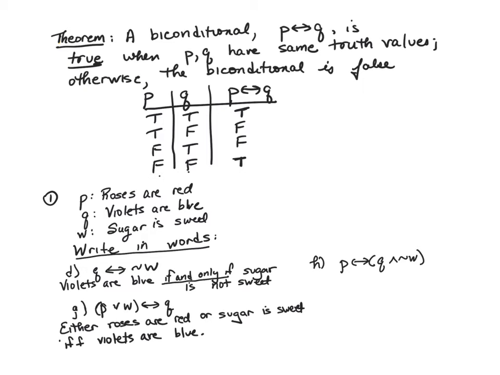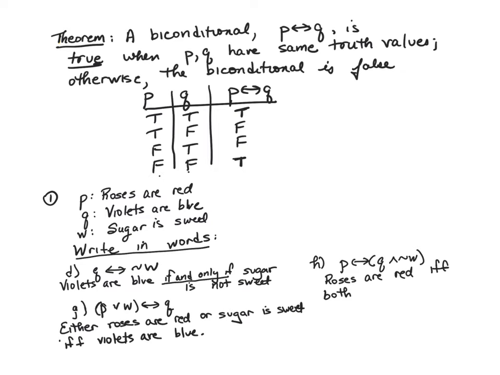And then in the last one, we could say roses are red, and only if both, okay, both, and again, this both would imply that they go together. So we need parentheses.